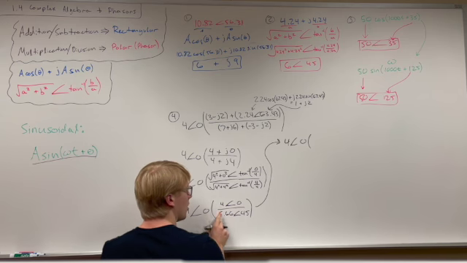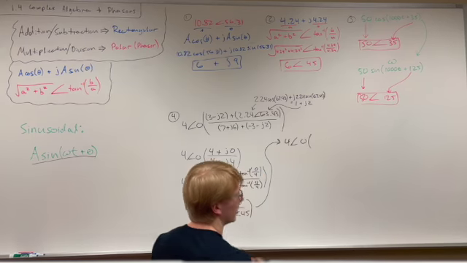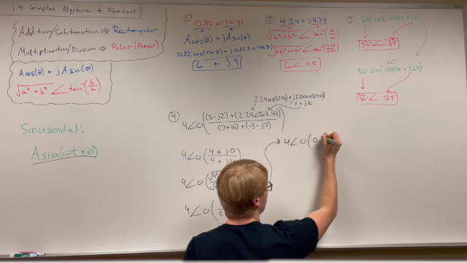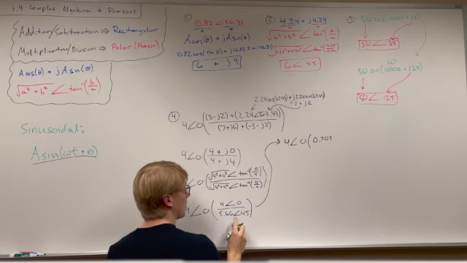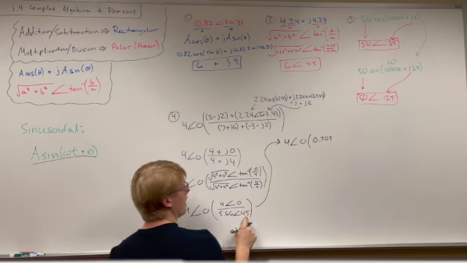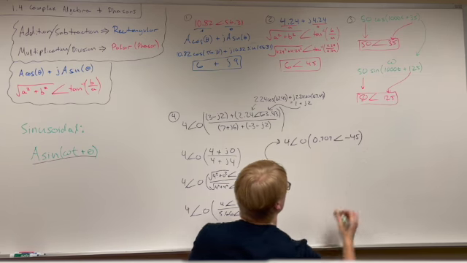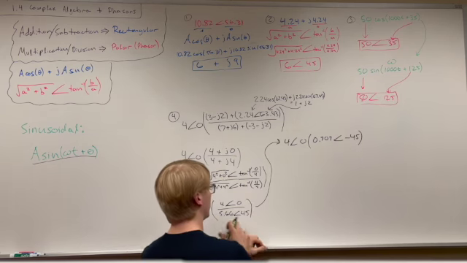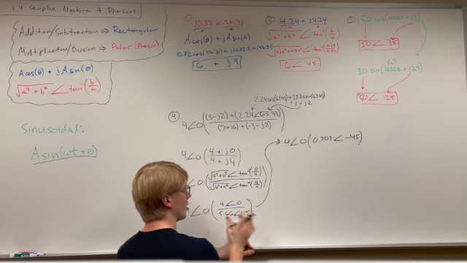So 4 divided by 5.66 is 0.707. And 0 minus 45 is negative 45. That's division. That's how you divide polar forms. You divide the magnitudes and subtract the angles.